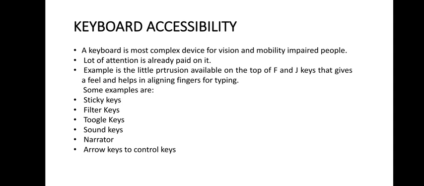Next is our toggle keys. When toggle keys are enabled, the information typed may be different from what the user desires. For example, in a typical word processing package, you are aware of the insert key. The insert key is a toggle key. You know that, I know that. In the normal setting, characters are inserted.